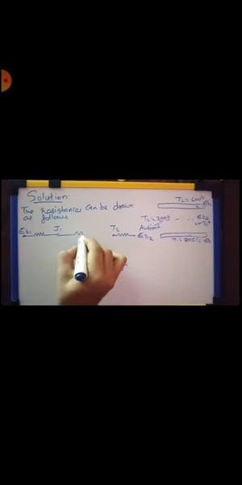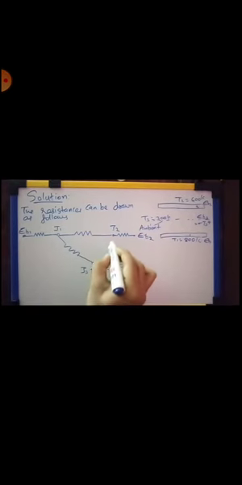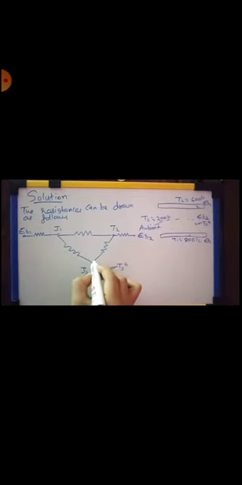In between J1 and J2, J1 and J3, and J2 and J3, there exists shape factor resistance, that is 1 by A1 F12, next 1 by A2 F23, then 1 by A1 F13.